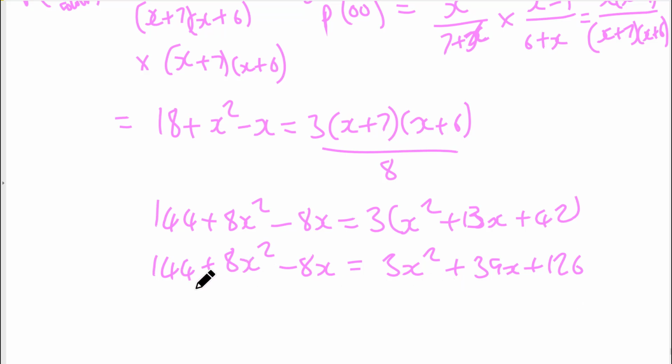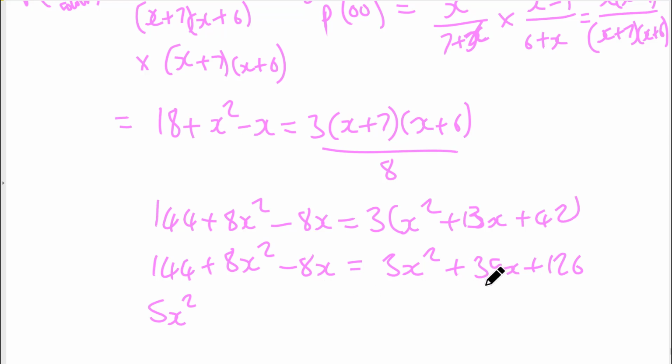So 8x squared minus 3x squared is going to give us 5x squared. Right, let's do the x's first.